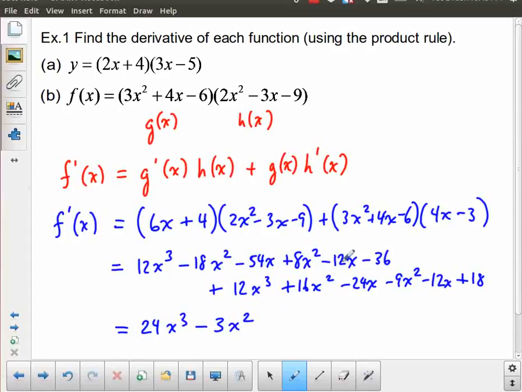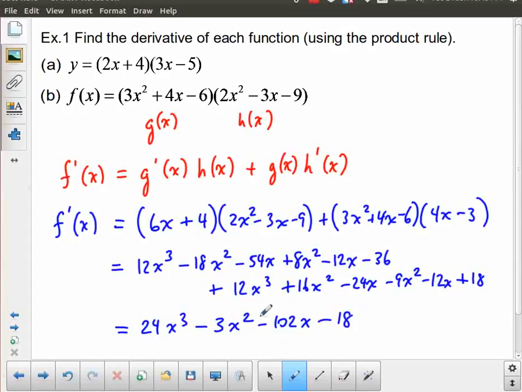Negative 54x minus 12x is going to be negative 66x, minus another 24x, so that's negative 90x, and minus another 12, so that's minus 102x. And finally, we have our constants. Negative 36 plus 18 is minus 18.